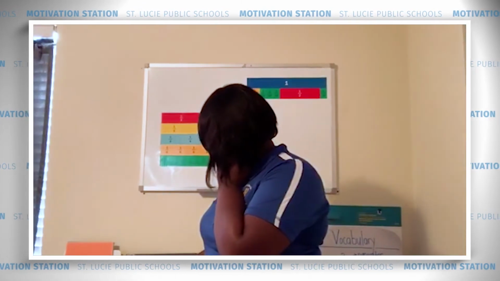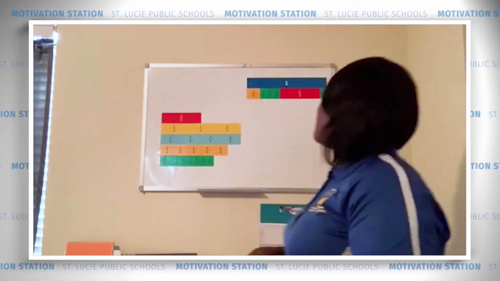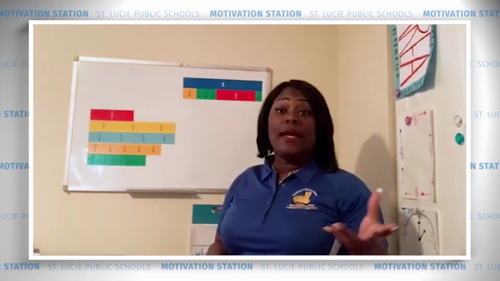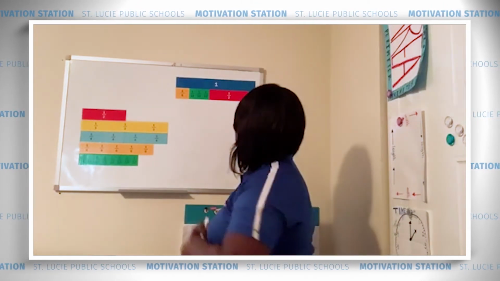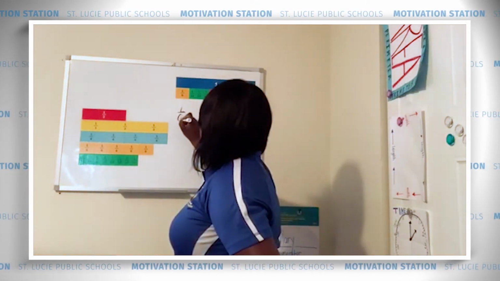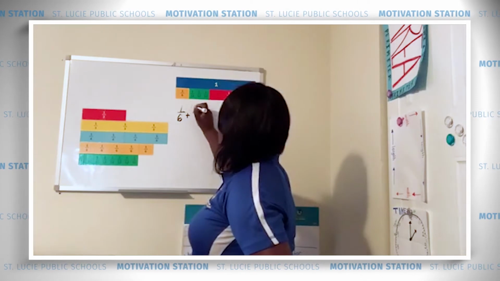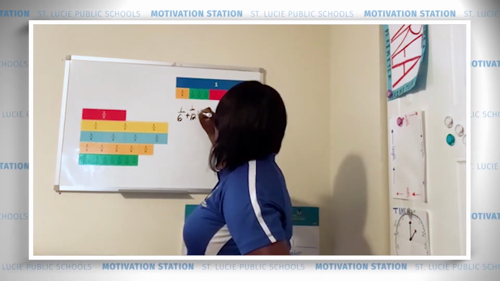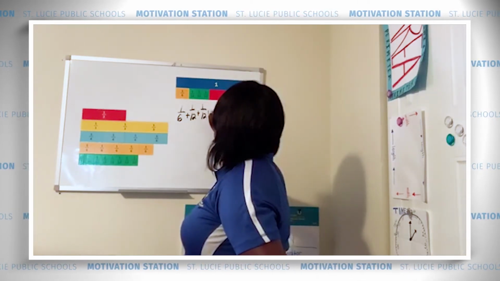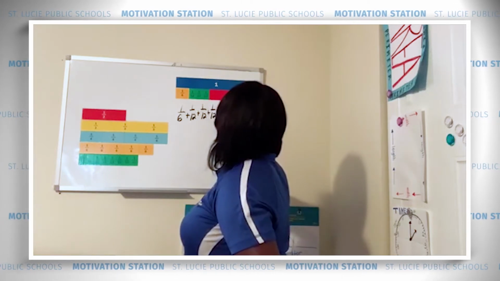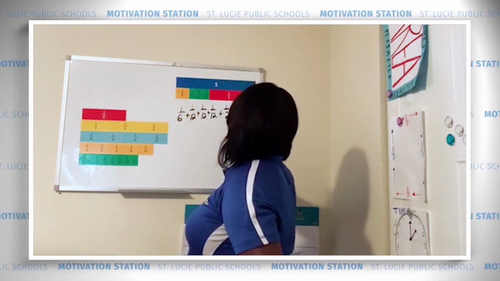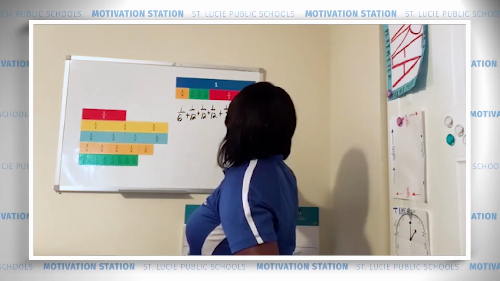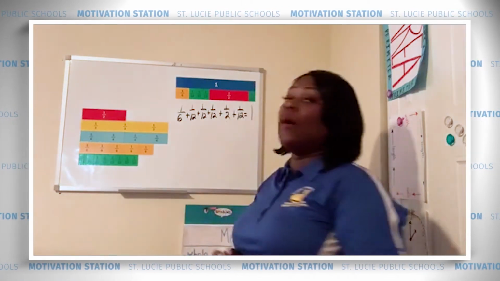Perfecto. So now that we've created a train that is equivalent to 1 whole, let's go ahead and write that equation. So we have 1/6 plus 1/12 plus 1/12 plus 1/12 plus 1/2 plus 1/12 is equivalent to 1.